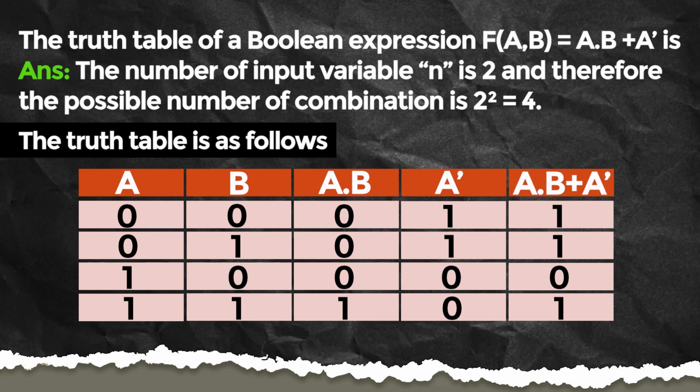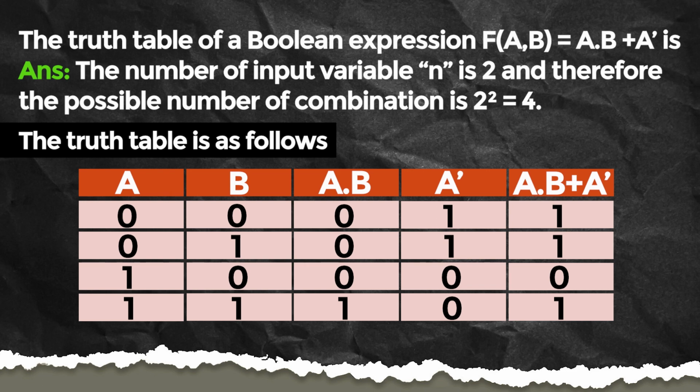Now, our final result will be A dot B plus A bar. So, 0 plus 1, the plus operator being the addition operation, is equal to 1, 0 plus 0 is equal to 0, and 1 plus 0 is equal to 1.